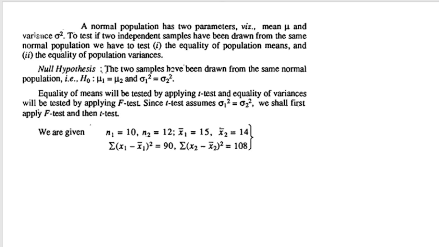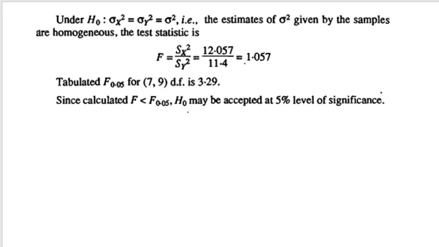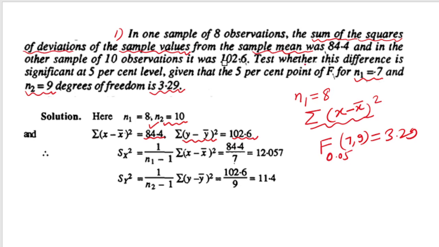Now what we are going to do next is test whether this difference is significant at 5% level, given that at 5% the value is 3.29. So we already have the value that we have to compare with. This is the information that is already given to us. So what will be the null hypothesis? One thing to note here is that for this problem they have not given any sample mean.